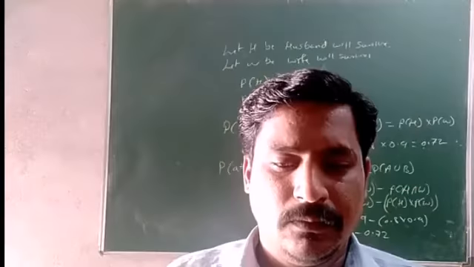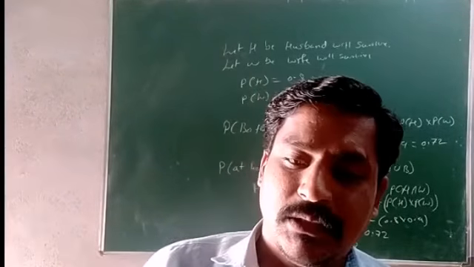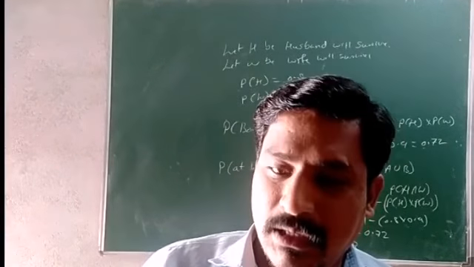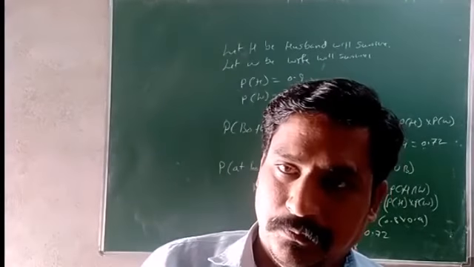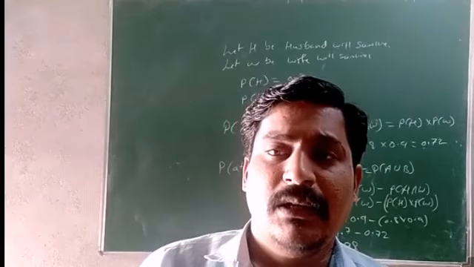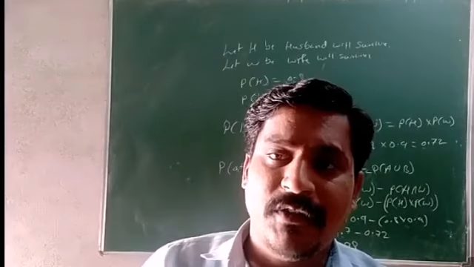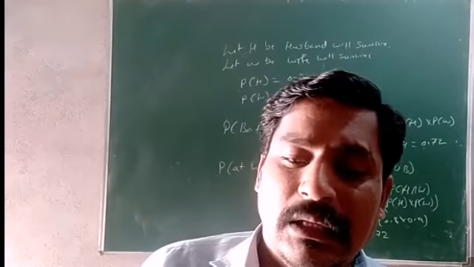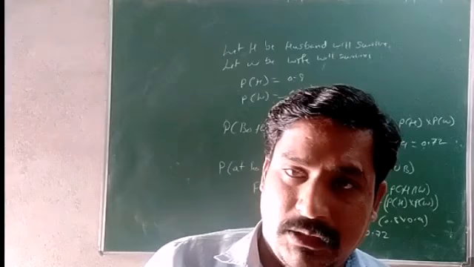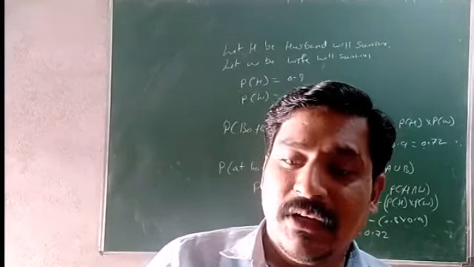28th question. An aircraft is equipped with two engines that operate independently. The probability of an engine failure is 0.01. So the probability that an engine will fail is 0.01. That means the probability that the engine will run successfully, or will not fail, is 0.99. What is the probability of successful flight if one engine is needed for successful operation of the aircraft?